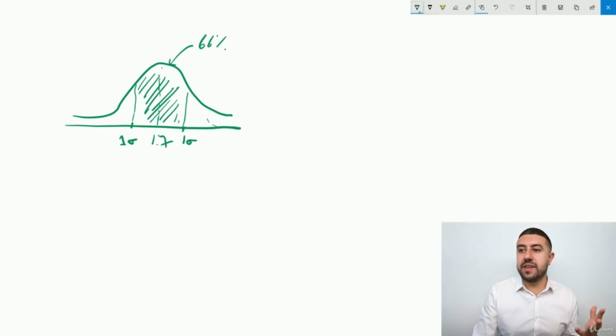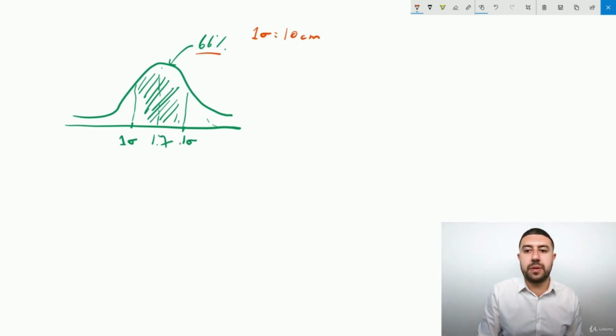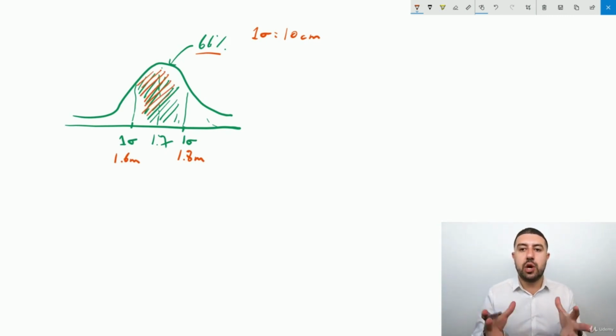And maybe I'll find that one standard deviation is equal to 10 centimeters. So then I know that there's 66% of the population between 1.8 meters and 1.6 meters, right? Because I know that in a normal distribution, about 66% of the variables should be within one standard deviation.